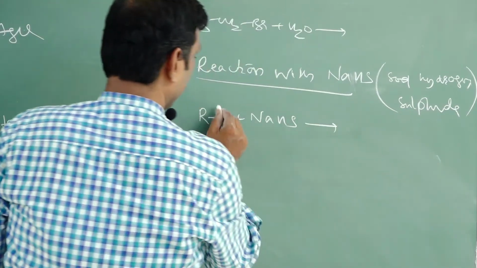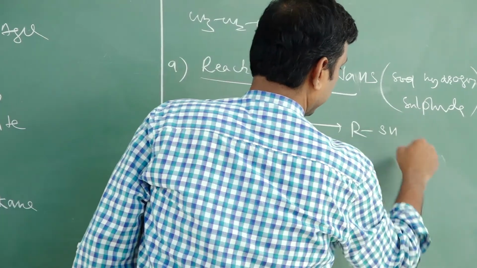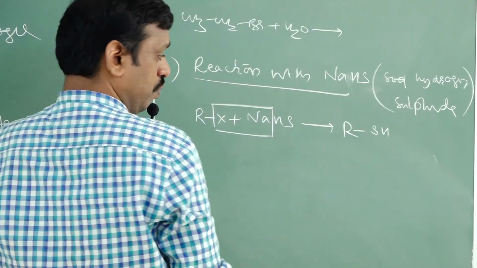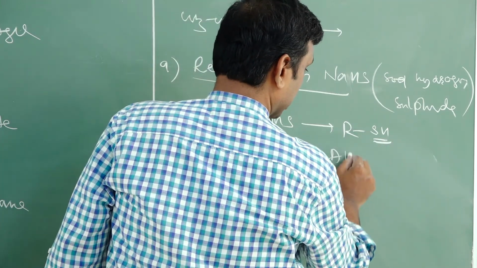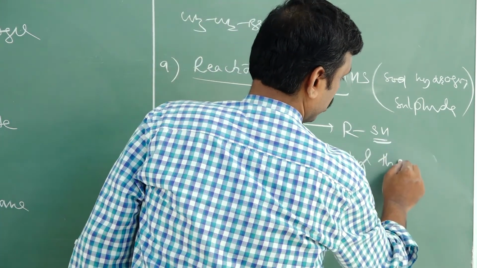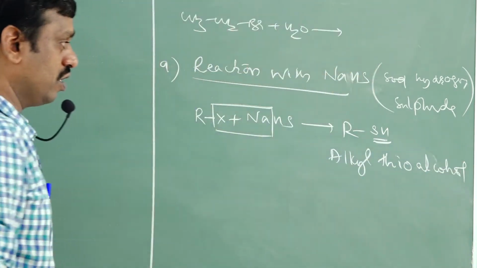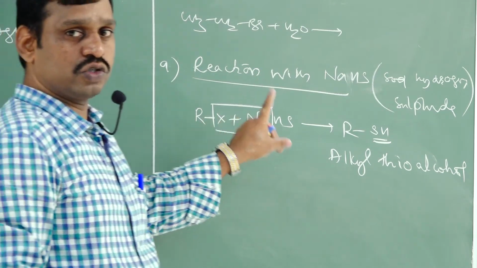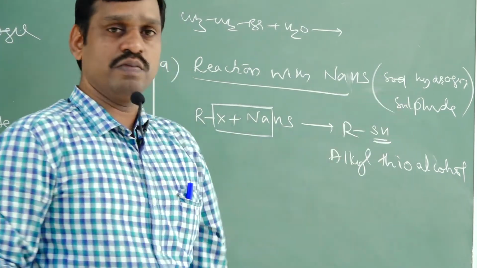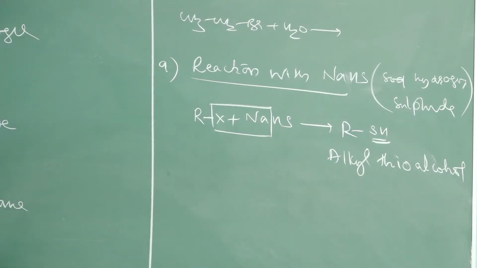Remove NaX, and you will get the corresponding SH compound. This is called thioalcohol. So the statement is: alkyl halide reacts with sodium hydrogen sulfide to form the corresponding alkyl thioalcohols.